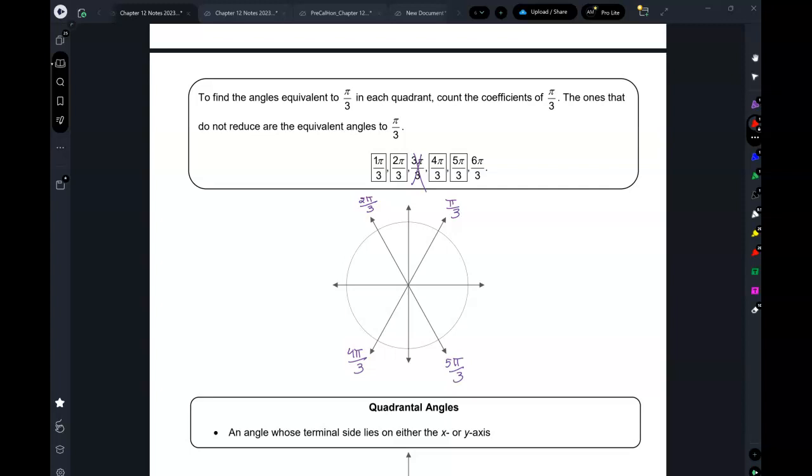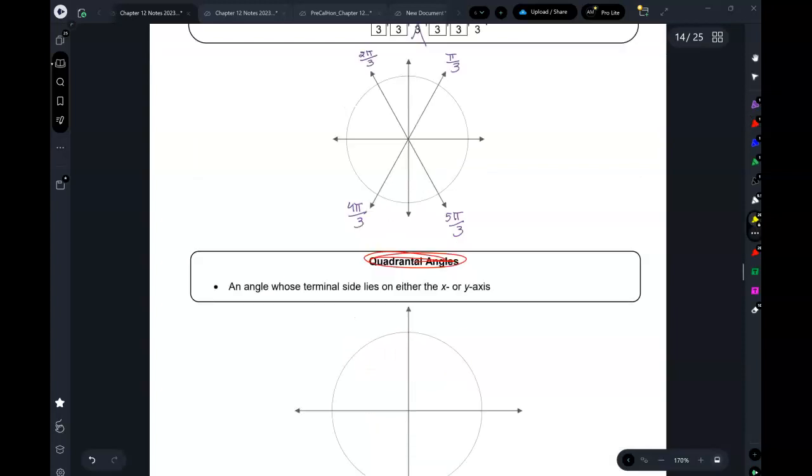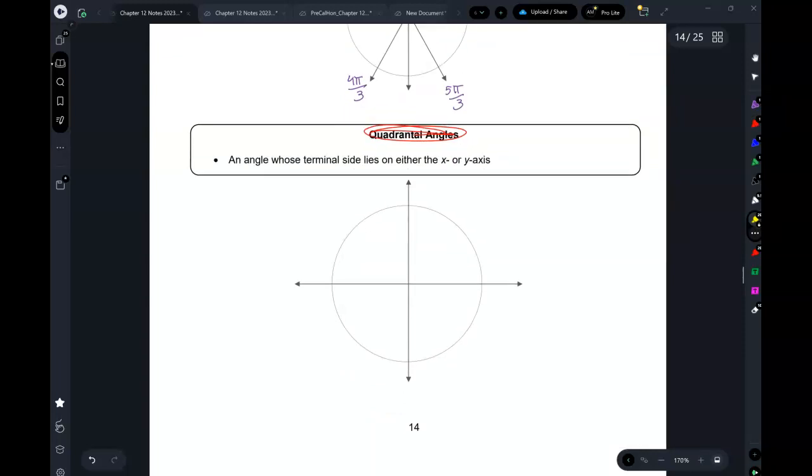All right. Now, let's talk about quadrantal angles. A quadrantal angle is an angle where the terminal side lies on either the x-axis or the y-axis. So those are the corners. Okay, so this we know is pi. This we know is 0.